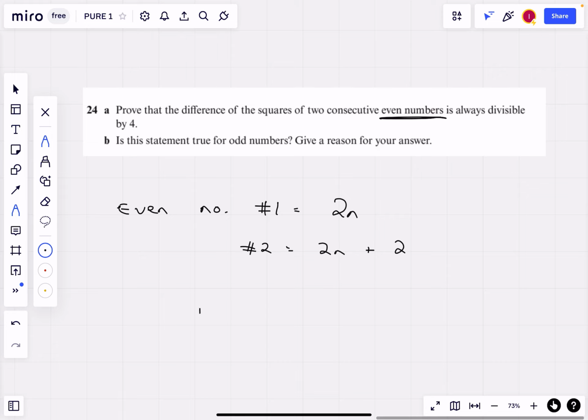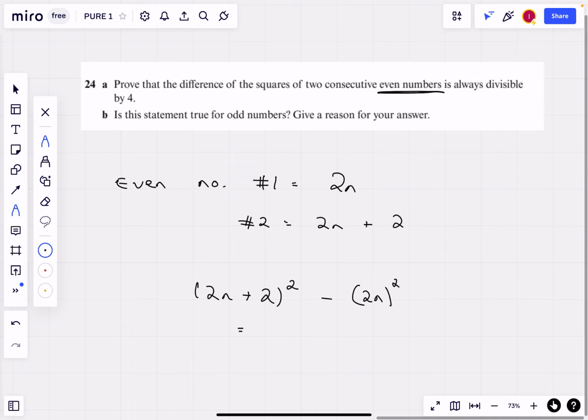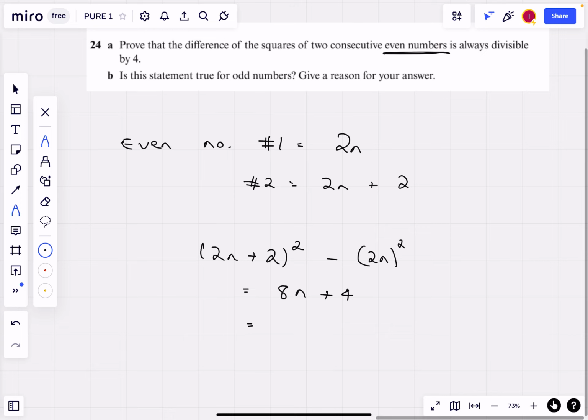So can you try that? Can you expand and simplify that expression for me, please? So you should have gotten 8n plus 4. If I take 4 out, I get this.